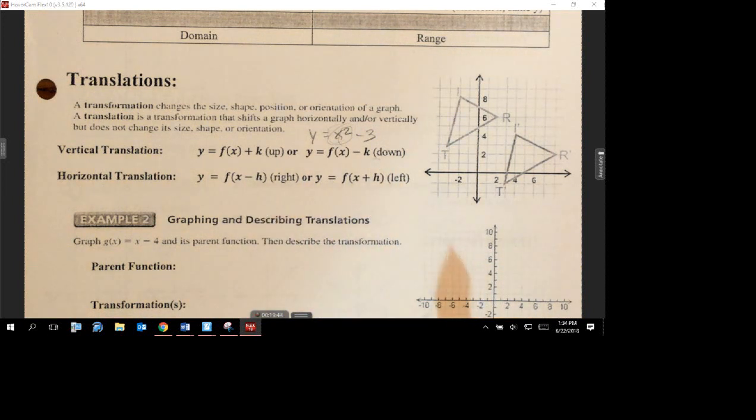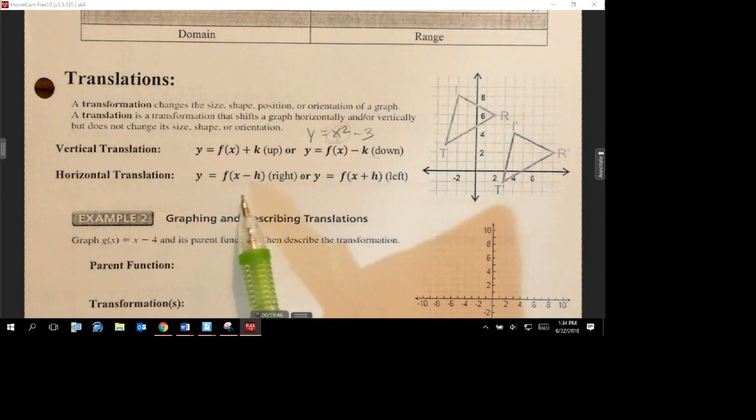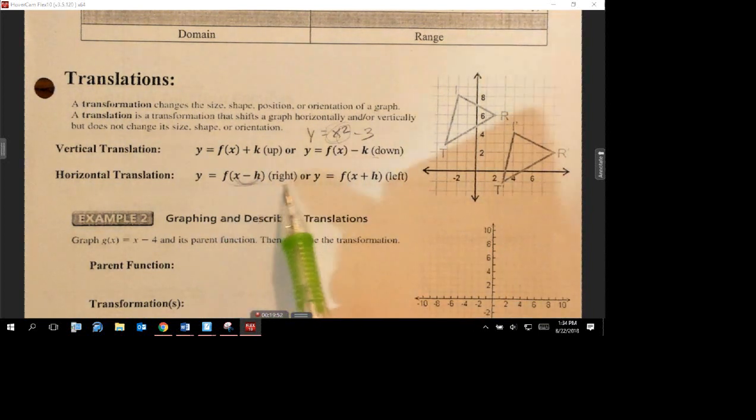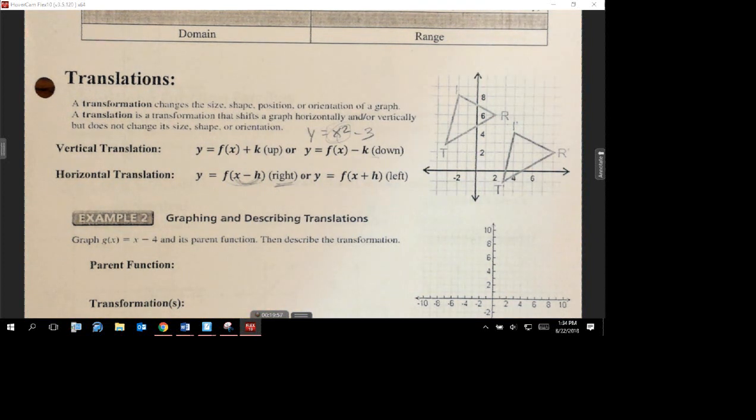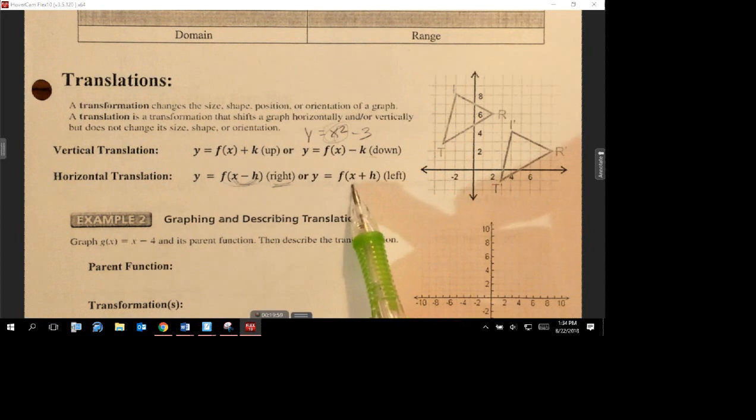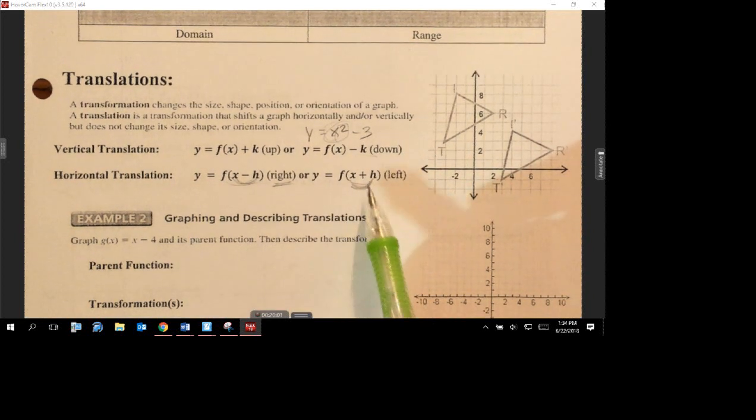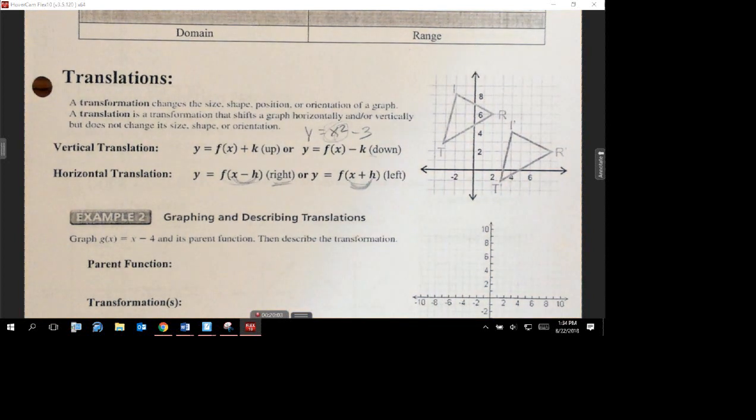That's vertical. But horizontal is different. Inside of the function, if I subtract h, that is a right slide. That goes to the right however many units. And inside of the function, if I add h, that goes left. Isn't that kind of confusing? Because when you say right, you normally think plus.